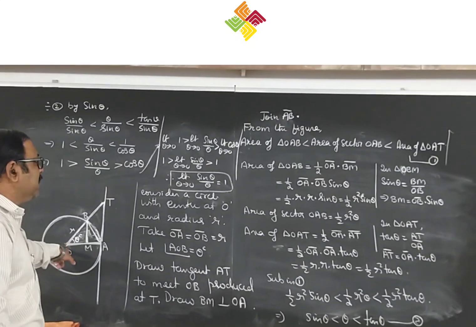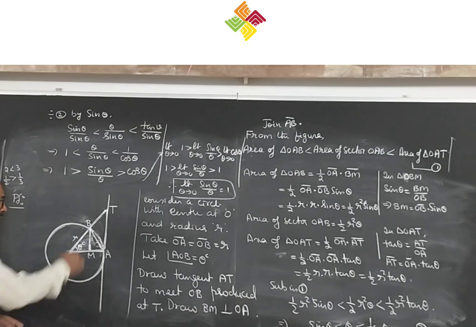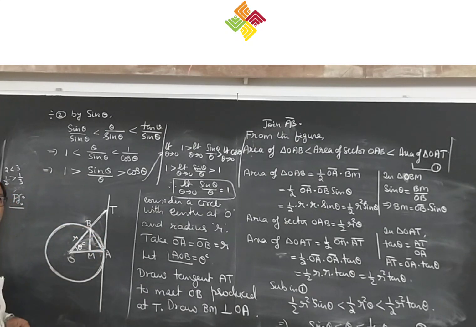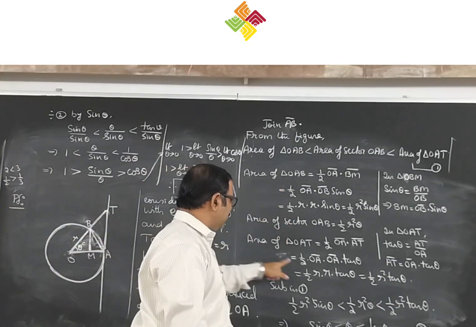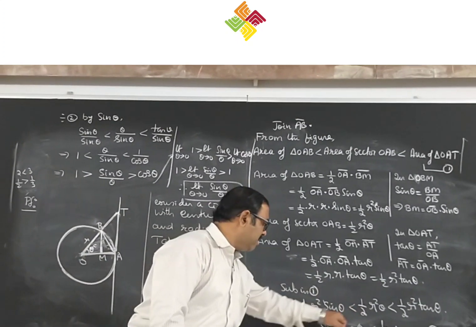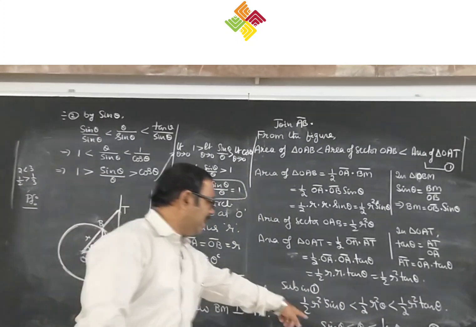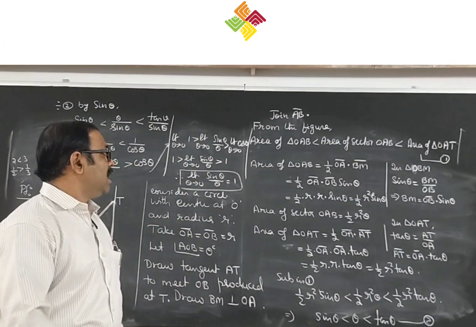Then from this figure, area of triangle OAB less than area of the sector OAB less than area of the triangle OAT. Find the areas of the triangle, sector and triangle. You will get this equation. Divide by half R square. You will get this: sin theta less than theta less than tan theta.